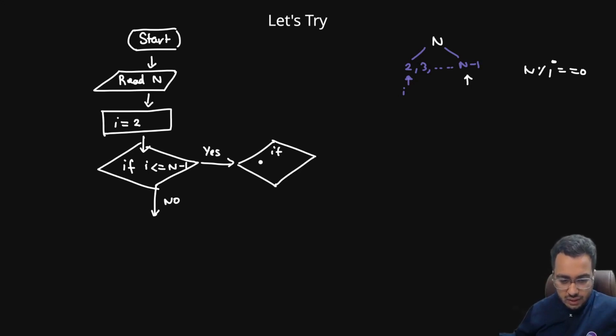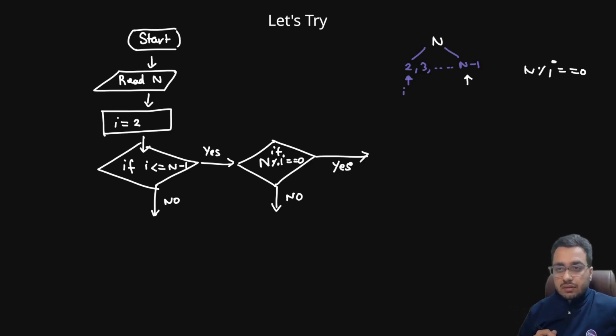So if n modulus i is equal to 0, again two things can happen. The answer can be no or the answer can be yes. Now if the answer is yes, we can simply say that this number is not a prime number.